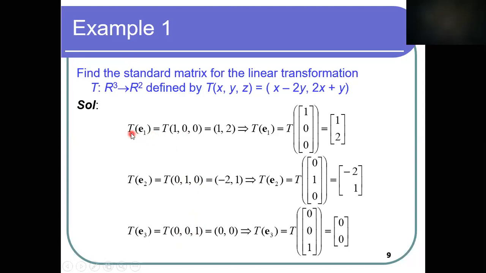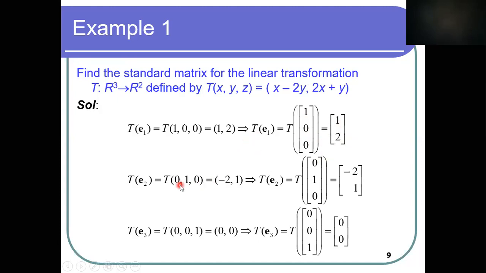For T of E1, the first standard basis vector (1, 0, 0), put 1, 0, 0 into the transformation and you get the output 1, 2. So T of E1, with input the column vector (1, 0, 0), gives output (1, 2).